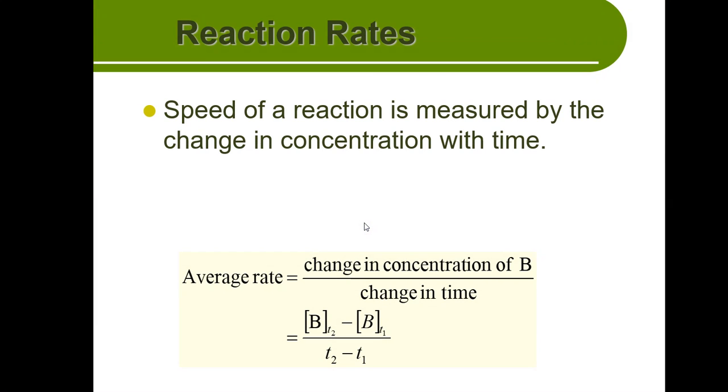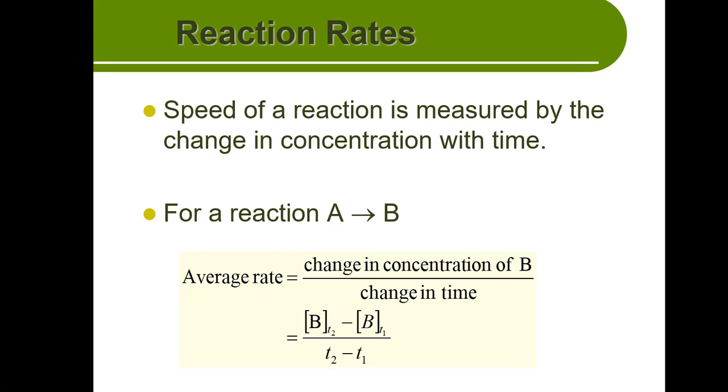Now, when we speak of rates, actually there are two types of rates. We have the average rate and we have the instantaneous rate. Of the two, the most accurate one is the instantaneous rate because it gives us the rate at the very exact time in which we want to measure it.